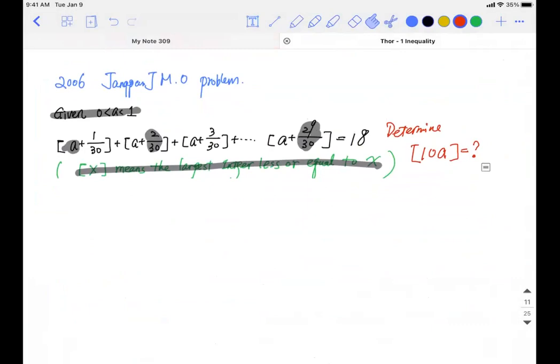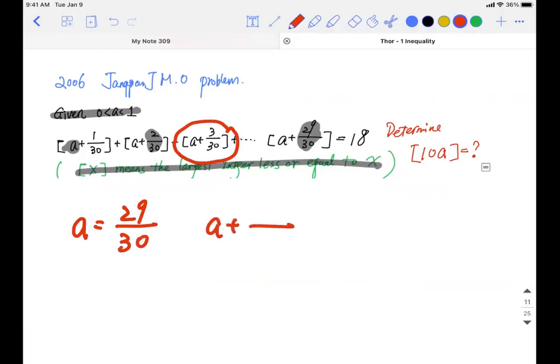You said 29A equals 18? Not quite, because I can give you a negative example. Regardless, you want to add 3 over 30, you think that's still going to be A if you take the Gauss, right? Let's say A equals 29 over 30. Then A plus 3 over 30 will be 32 over 30.